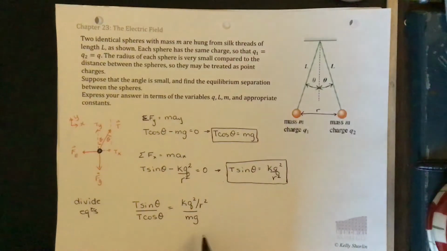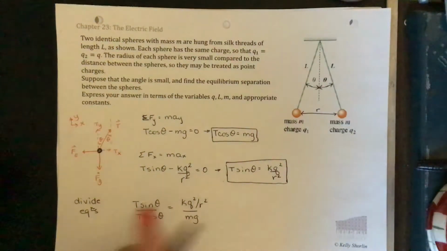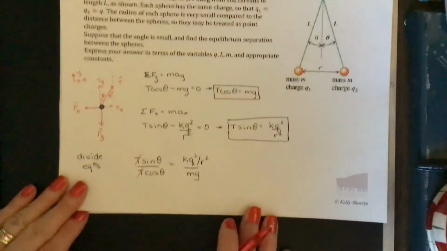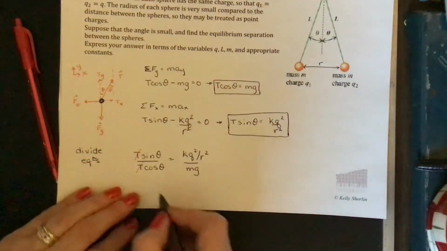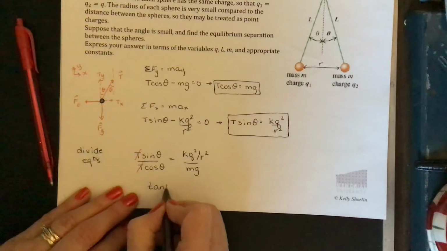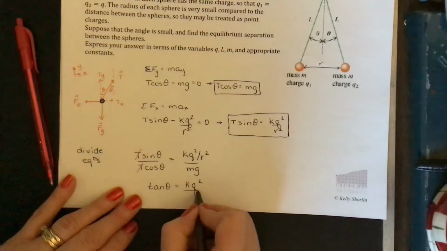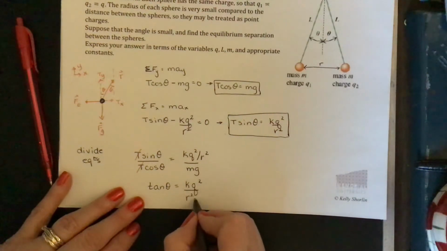So if we look at this guy, the T's cancel. Sine theta over cosine theta, that's a result we know, that's tan theta, is equal to k times Q squared over r squared times m times g.